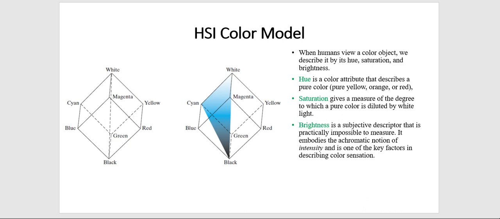Looking at that color image on the right, we see the color cyan, and it varies across the different ranges of intensity between black and white. So this is how we represent an HSI model.